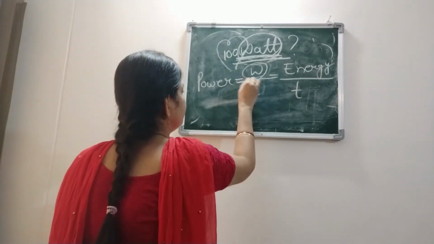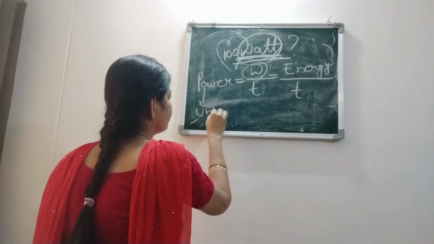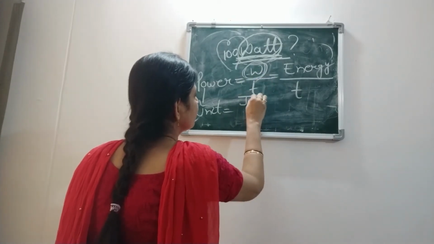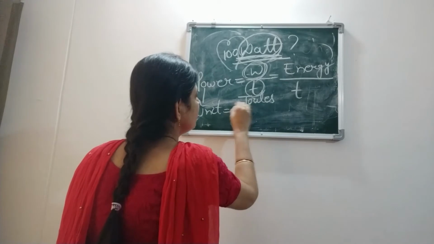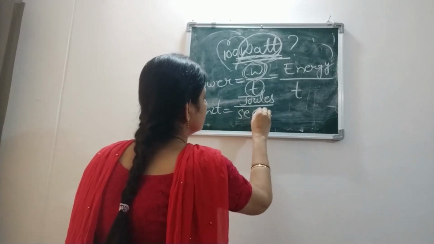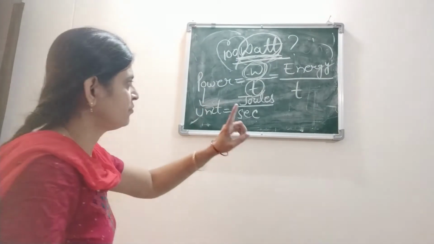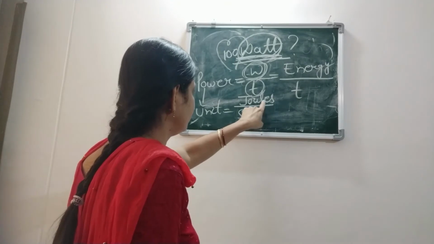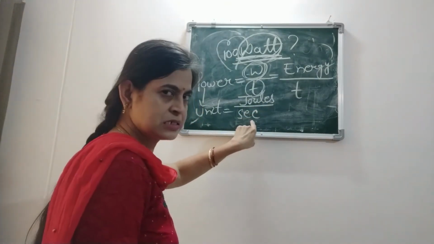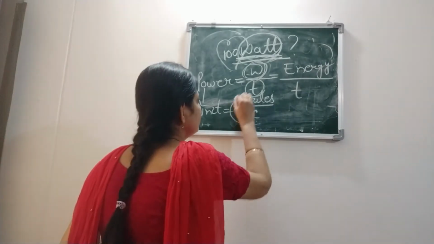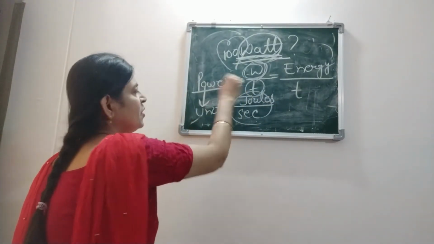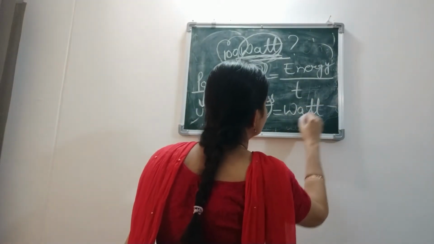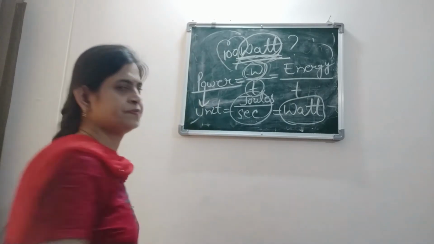Now, what will be the unit of power? Unit means, what is the unit of work? Joules. And what is the unit of time? That is your seconds. That means, if 1 joule of work is done in 1 second, that is called as your power, and it is expressed as watt.